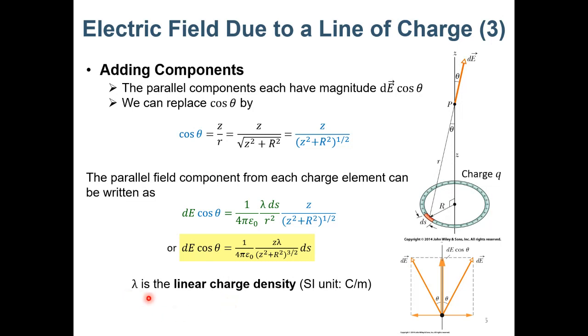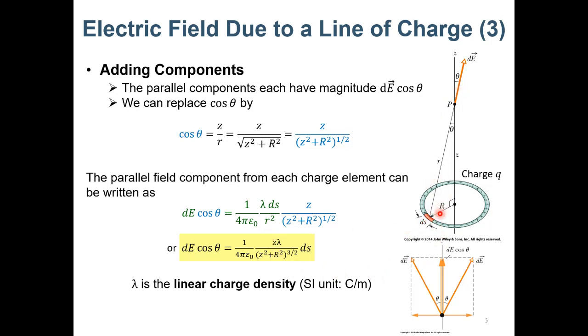Lambda is the linear charge density. The SI unit is coulombs per meter, which means that the total charge of this ring is Q. So Q equals lambda times the total length here. It is a circle, so the length is 2 pi r, right? So the total charge Q will be 2 pi r times lambda. But for this small element, it is lambda times ds, which is the charge here.